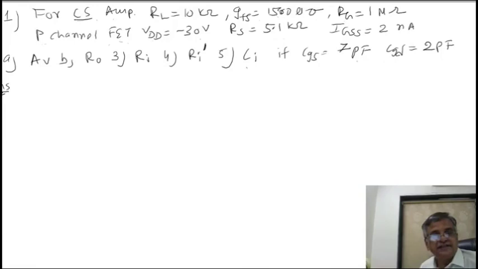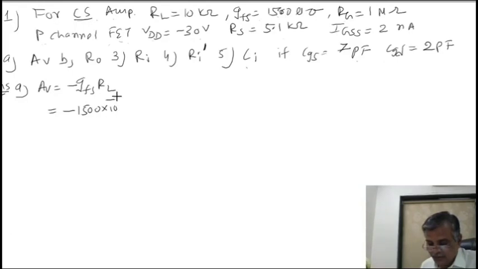Already you know the equation of voltage gain: minus GFS into RL. GFS is 1500 micro, micro means 10 raised to minus 6. RL is 10 kilo ohm.